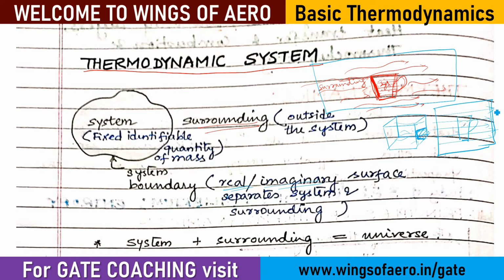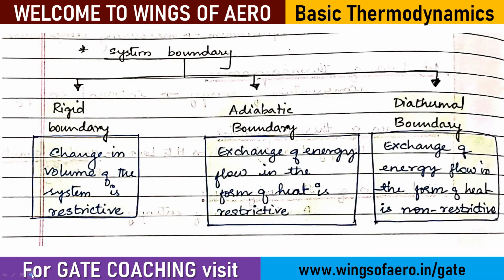I have some atmospheric cold air, and a cup of hot tea which I am placing. So this becomes my universe. So there is a difference between universe, boundary, surrounding, and system. Now we will see the different types of boundary.